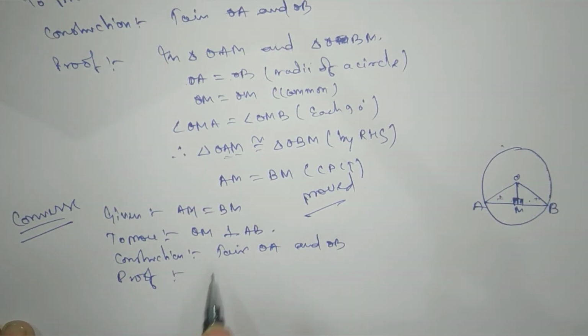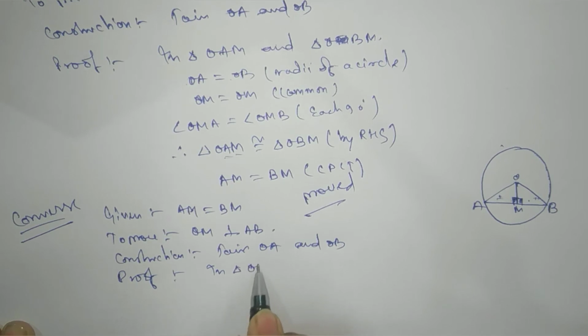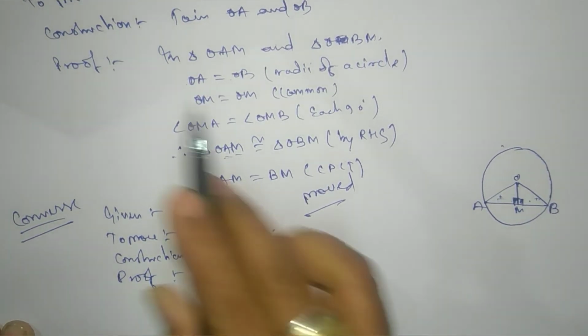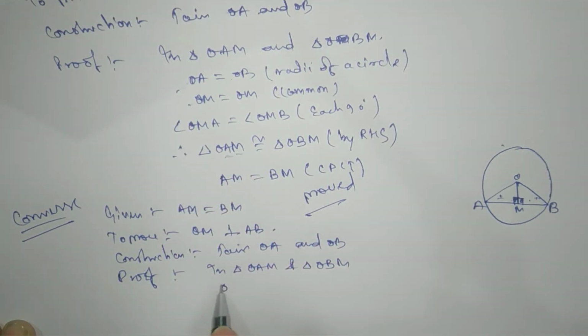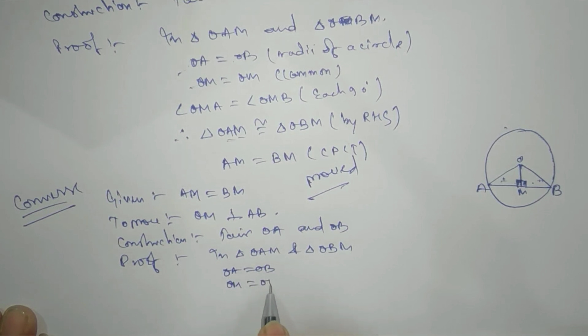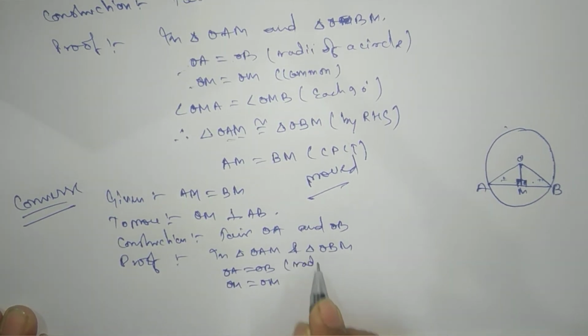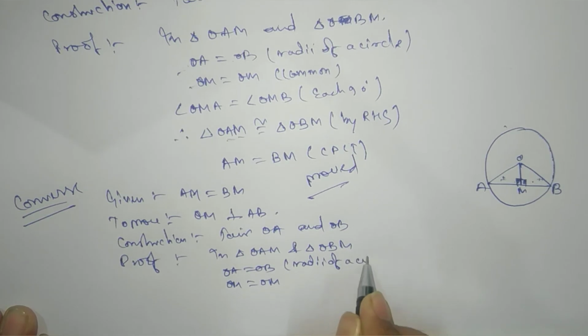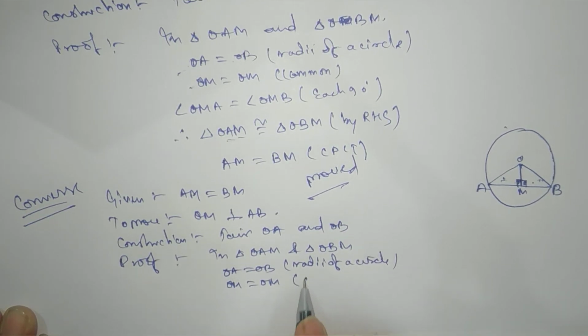Let's see. In triangle OAM and triangle OBM, you can see here OA equals OB and OM equals OM. The first one is the radius of a circle, the second one is common.